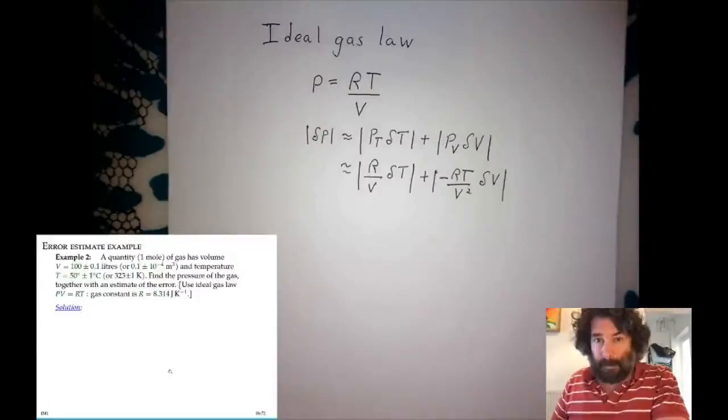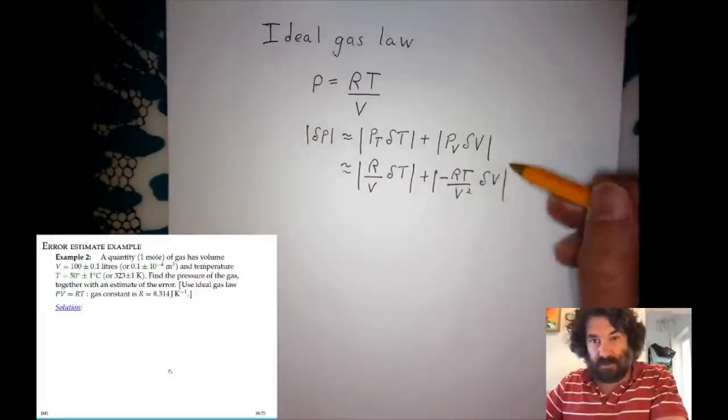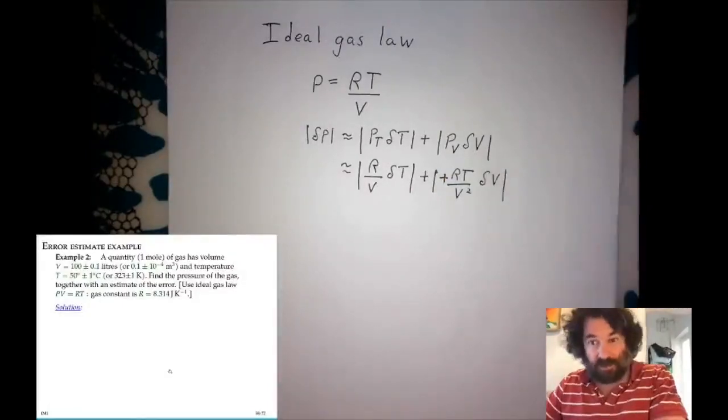Okay. Now, just to point out, since we take the modulus here, you can just assume everything is positive and get rid of this negative sign, and put a positive here because of the modulus.